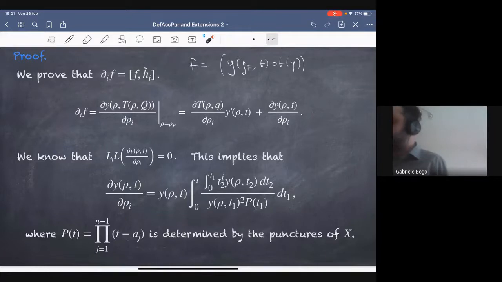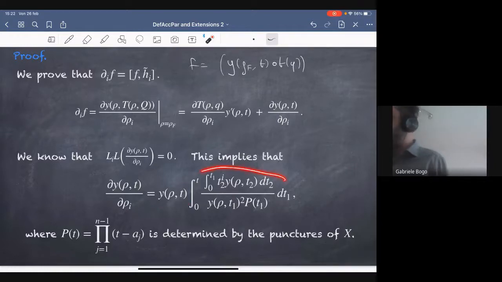It seems complicated, but now we go to the upper half plane. This is just the integral of t to the i times y divided by y squared times p, where p is the polynomial giving the punctures of the sphere. We integrate again and multiply by the holomorphic solution.